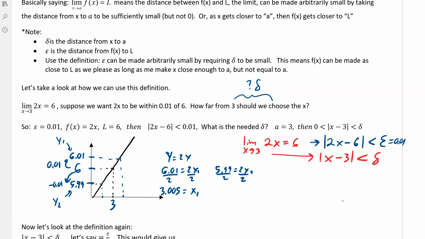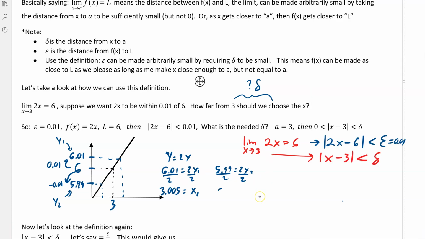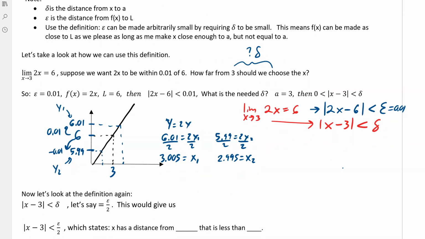Okay, so if we plug those into your calculator, you get 3.005 and 2.995.